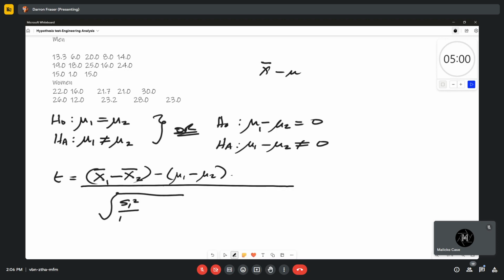S1 squared over N1 plus S2 squared over N2. So that is the statistic that we have to calculate. And this statistic we can look up. What we need to be able to do is understand what t-value we need to calculate when we're looking for a comparison between means. So this is how we calculate our t-value.